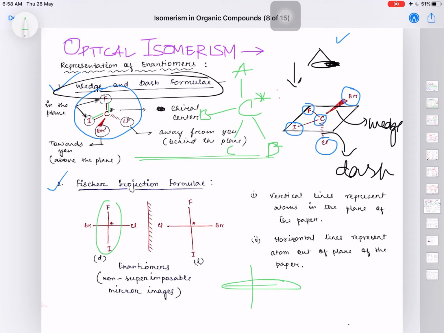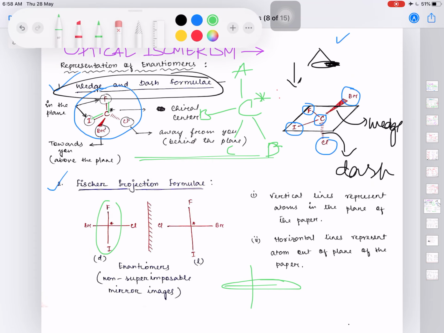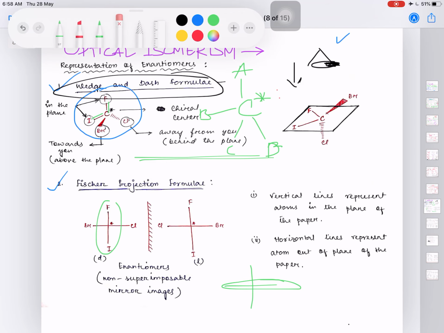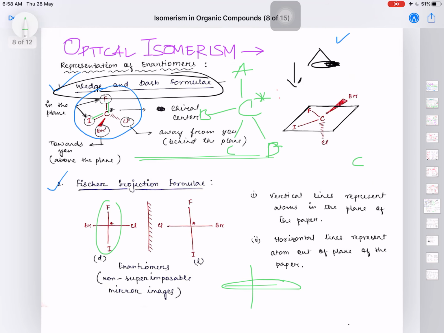So you just see this structure, say this is fluorine. Let us erase this one. Simple thing. So say this is carbon. This fluorine is in the plane, and this iodine we can also draw in the plane.